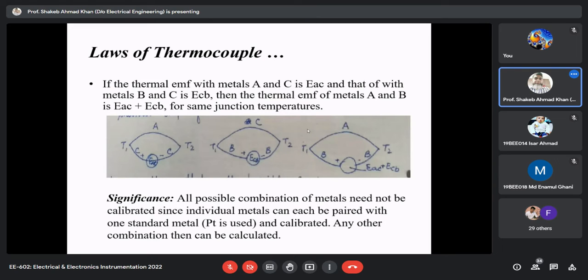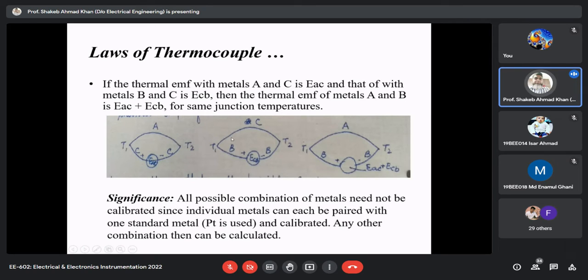Now I'm coming to another next law. Here you can see that we are having two metals A and C, and the junctions are maintained at T1 and T2. Suppose the output voltage is EAC.